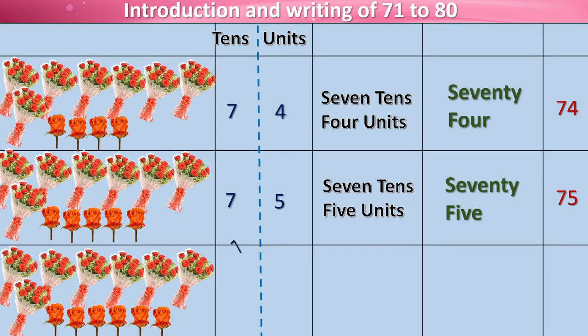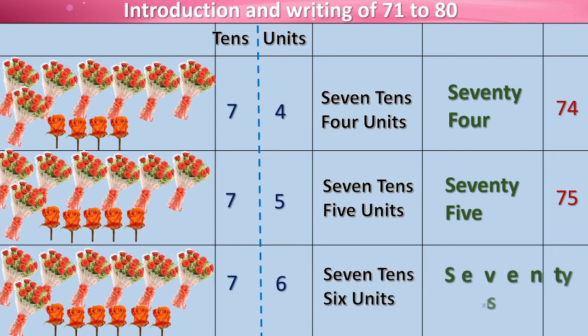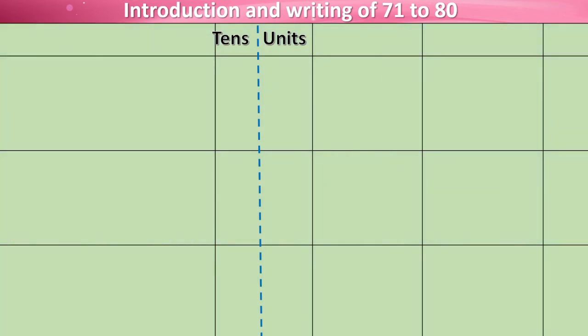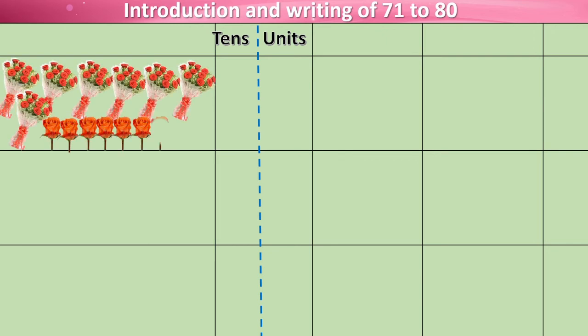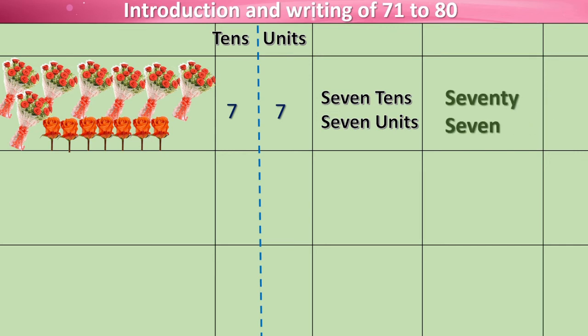So we got 7 tens, 6 units, that is nothing but 76 number, and in numerals 70 and 6. Very easy, right? Okay, now we'll move to next one. By adding one more rose to 76, that is nothing but 7 tens and 7 units. That gives us 77 number. Yes, 70 and 7. Right?